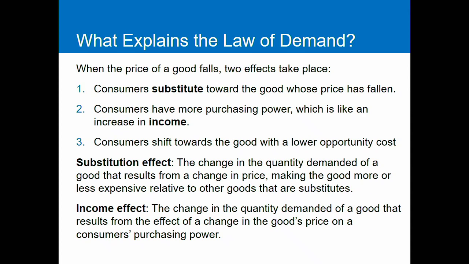So there's three things that explain the law of demand. Your book talks about two, but I also wanted to add in a third. So when the price of a good falls, this is what takes place. First, consumers substitute towards the good whose relative price is falling.